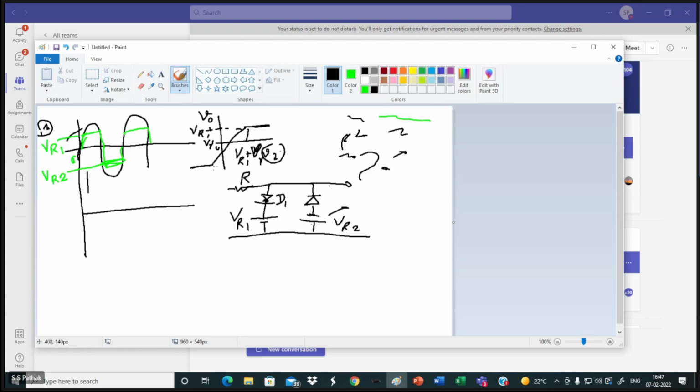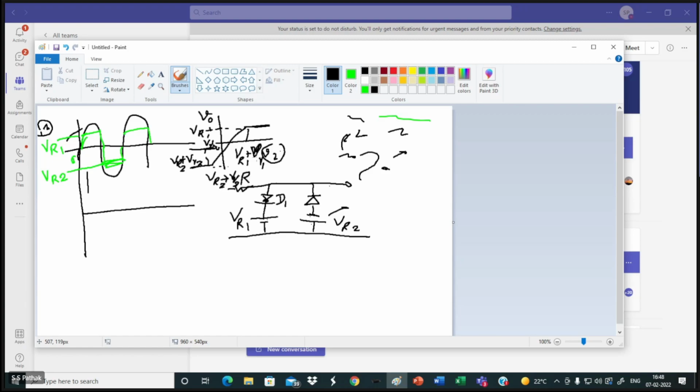So here this voltage is VR2 plus V gamma, and this one is also VR2 plus V gamma. In fact, it is V gamma 2 here and V gamma 1 here, so this is VR1 plus V gamma 1.